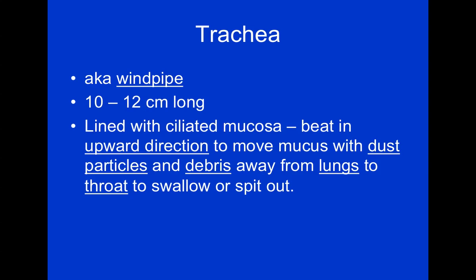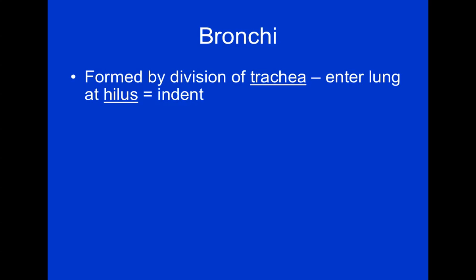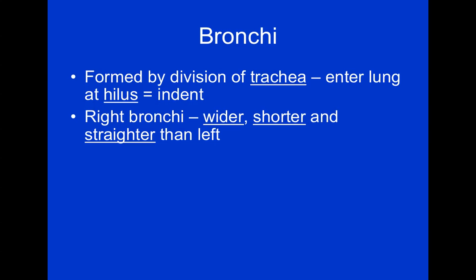The trachea comes down and then it forms a split, and when it splits, the tubes that are produced are called the bronchi. Each of these bronchi enter the lung at the hilus, which is an indent in the lung itself. The right bronchus is wider, shorter, and straighter than the left-hand side.